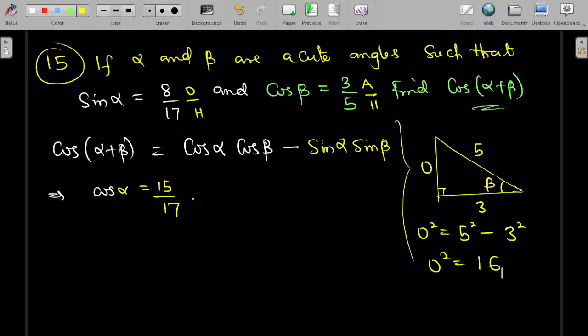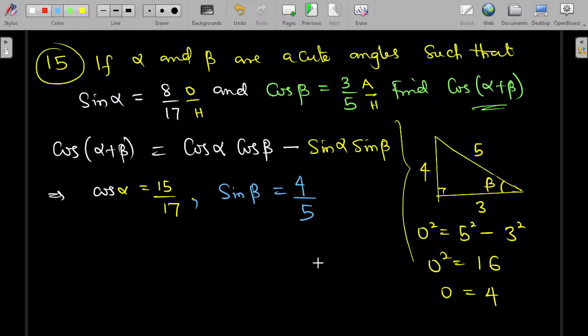So O squared is 16, and so our O alone will be the square root of 16, which is 4. By implication, this side now is equal to 4. Alright, ladies and gentlemen, with that we have the value of our sine beta. So our sine beta, which is opposite over hypotenuse, our opposite is 4, and our hypotenuse is 5.